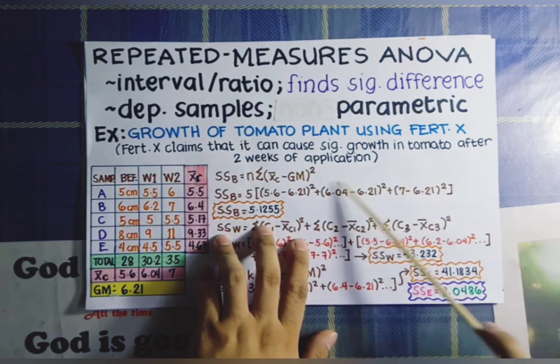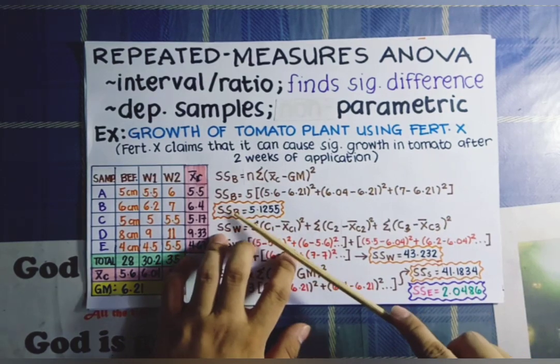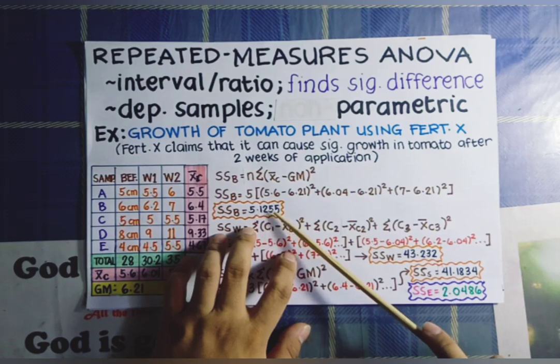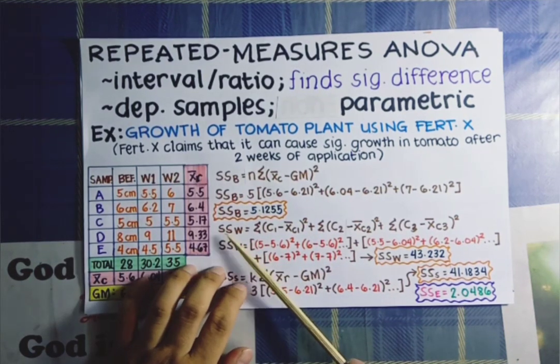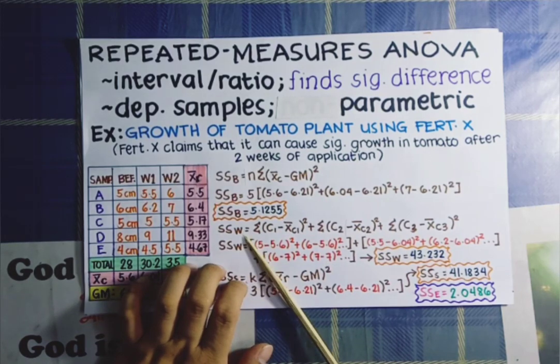By plugging in all these data in your calculator, we will have SSB is equal to 5.1255.